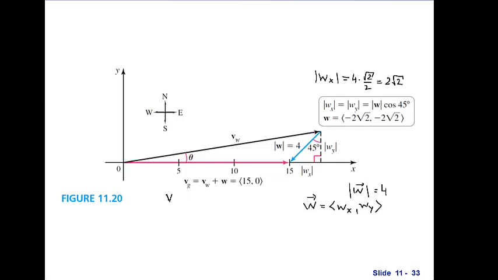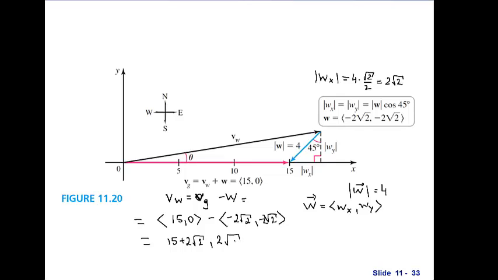We are looking for Vw, I'm sorry, Vg with respect to the shore, and then minus W. So basically we know that this is 15 and 0, and minus 2 square root of 2, and minus 2 square root of 2. So if we simplify this, we will have 15 plus 2 square root of 2, and then 2 square root of 2.